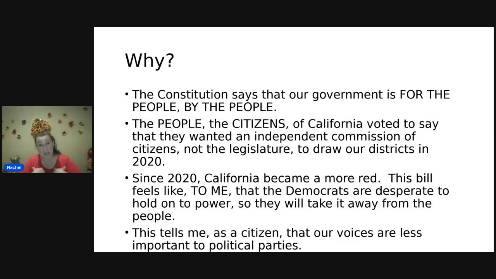But to me, it feels like the Democrats are desperate to hold on to power. And so they're going to take it away from the people because the people are taking it away from them. And this tells me, as a citizen, that my voice is less important than a political party's voice. And that's not okay with me.